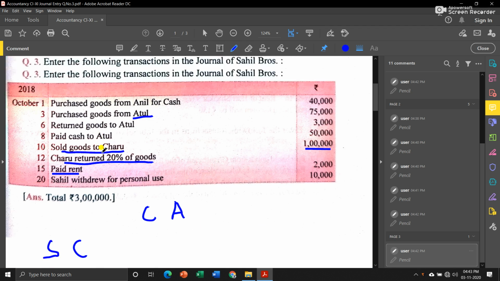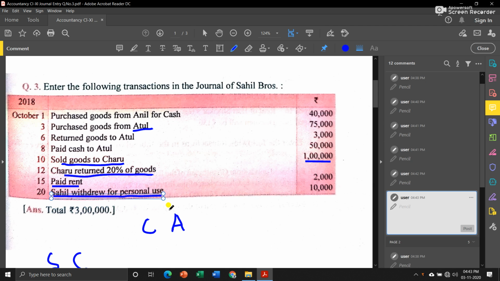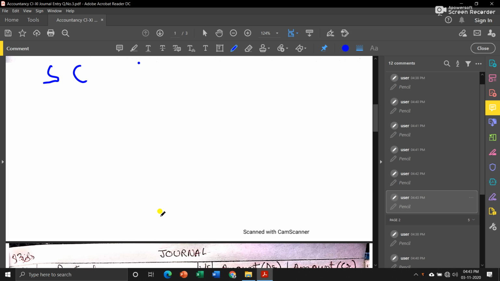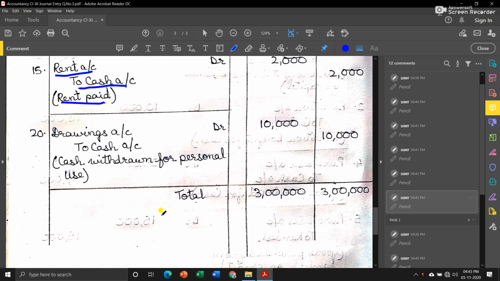Now last transaction, Sahil withdrew for personal use. They haven't mentioned whether he withdrew some goods or cash. So if nothing is mentioned, then you can just assume that he withdrew some cash for his personal use. In that case, the two accounts involved are cash account and drawings account. Now drawings account is a nominal account, and as per rule of nominal account, debit the expenses.